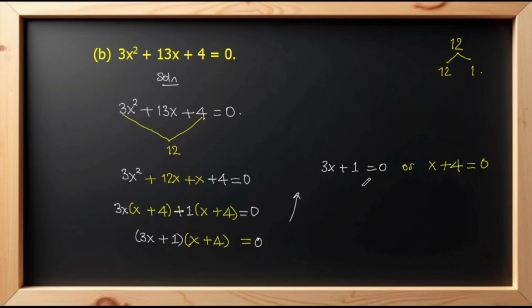So let's solve these little equations, and we have here, subtracting 1 on both sides, we have 3x equals negative 1, dividing both sides by 3, we obtain negative 1 over 3 as our first answer. And then also solving the next part here, our x will result to 4. Voila, these are our solutions.